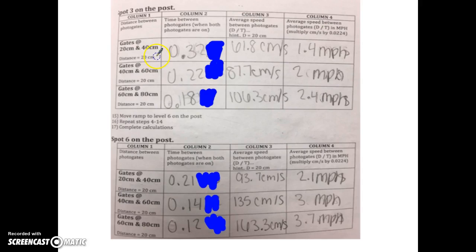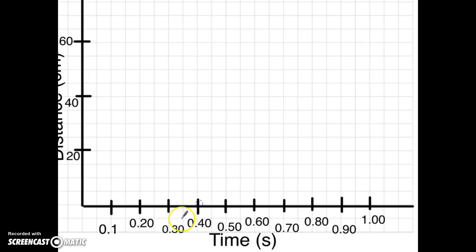At 20 centimeters, the car on the spot 3 post, the car traveled this distance in this time, 0.32. So I'm going to go to the graph, and I'm going to go to 0.3, and a little bit over 0.3 would be about here. Go up to the 20 centimeter mark and make a dot. Now here's where things get a little trickier.